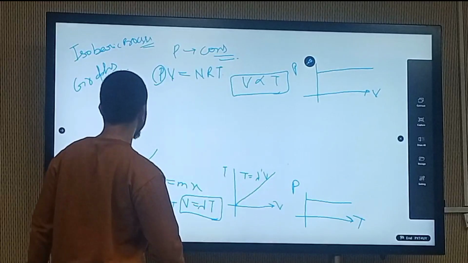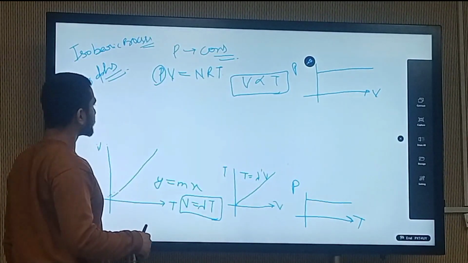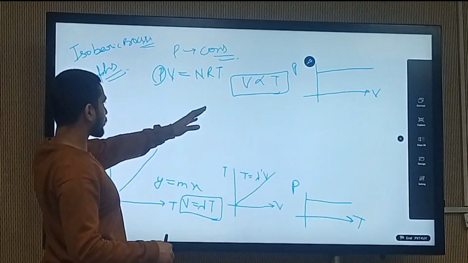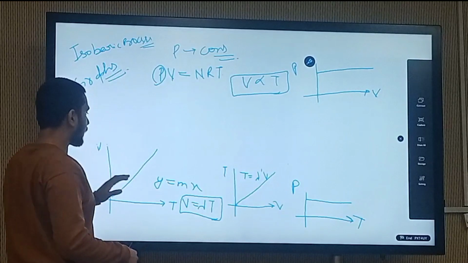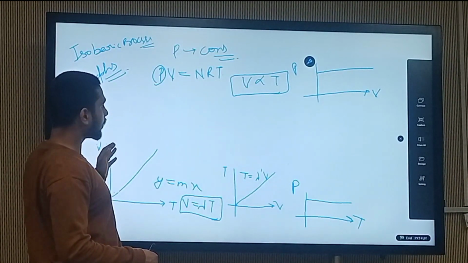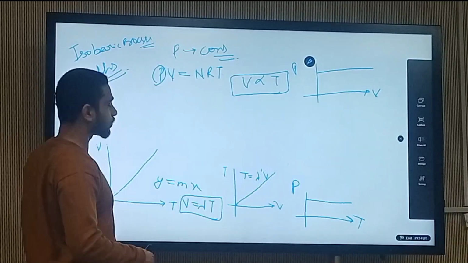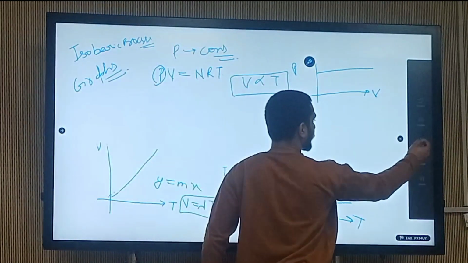So these are the four graphs which will be there in the isobaric process. Since pressure is constant, the PV and PT graphs are straight lines, and the TV and VT graphs pass through the origin. So this was for the isobaric process.